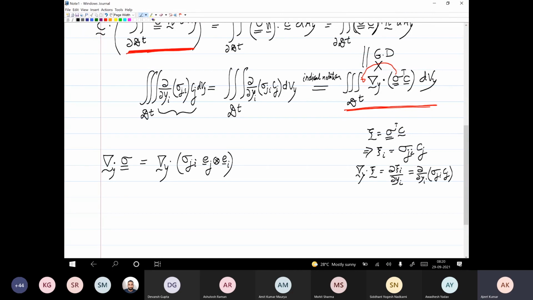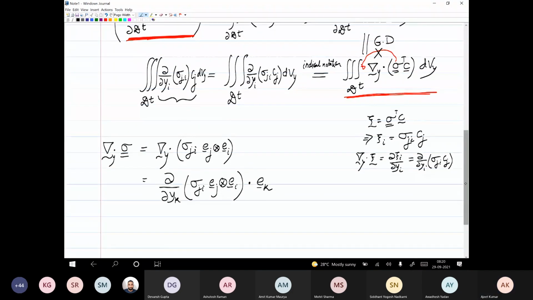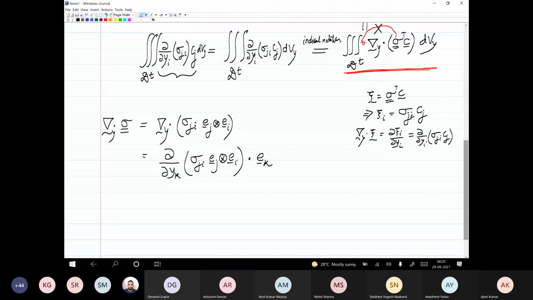Sigma is sigma ji ej tensor product ei, and I want to take its divergence. So you must be knowing the indicial form of this divergence. So what we have to do is we do del over del yk sigma ji ej tensor product ei, and then there's a dot with ek. That's the formula for divergence, okay, from your mathematics.